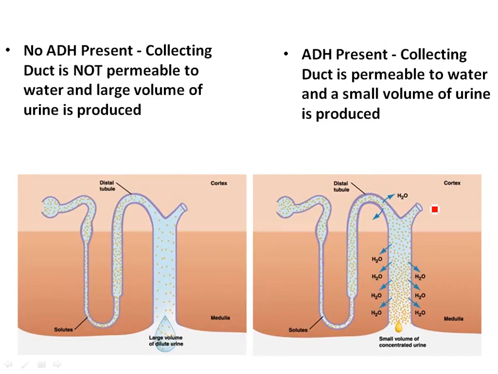All right, so if we switch to this picture, here's our little ball structure. Here's our proximal convoluted tubule, our distal convoluted tubule, and here's our collecting duct. Okay, the collecting duct is taking filtrate from several of those nephrons, so there'd be another nephron over here. Collecting duct collects all the filtrate. Okay, all right, so antidiuretic hormone is going to be secreted when we need to retain water.